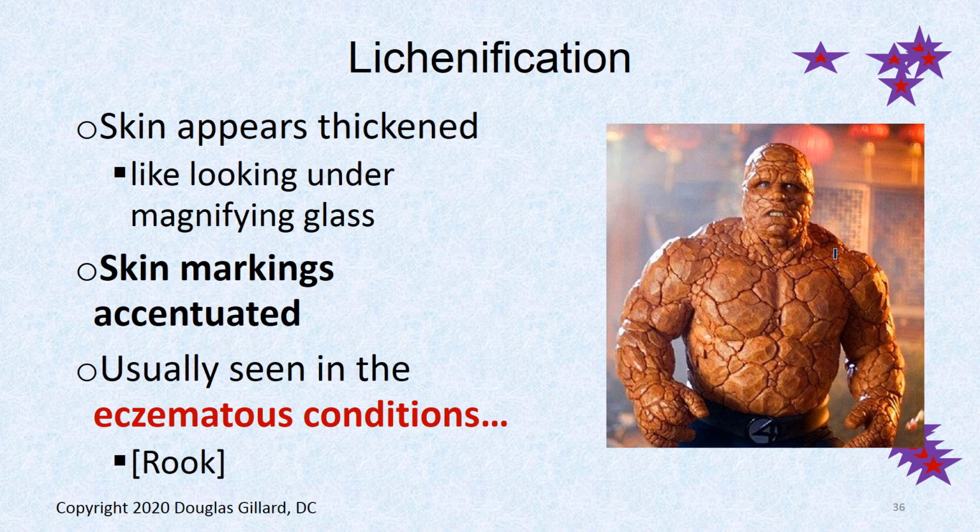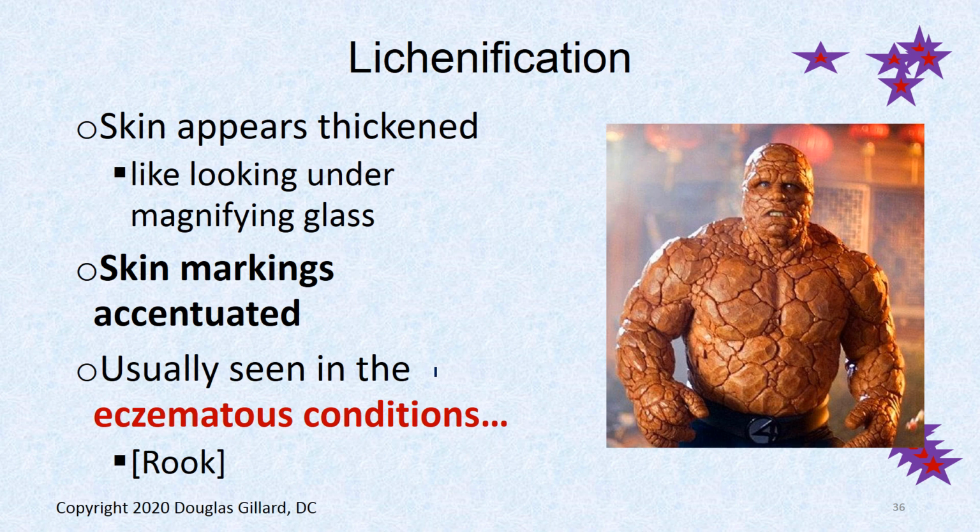Now, this guy, lichenification man, I think these borders are probably a little too sharp. So plaque man would be a better example, but I couldn't resist throwing that one in there. Lichenification: the skin appears thick looking, with accentuated skin markings, but the key is you can't see where the thing stops. It does not have a well-defined border.